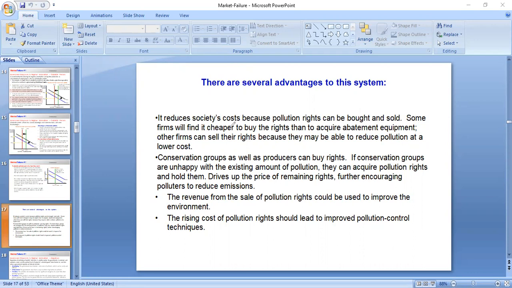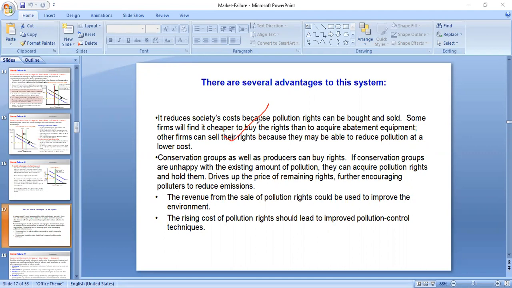Some of the farms will find it cheaper to buy the rights than to acquire the pollution abatement equipment. These tradable permits are called tradable because these polluting farms sell these permits among themselves.